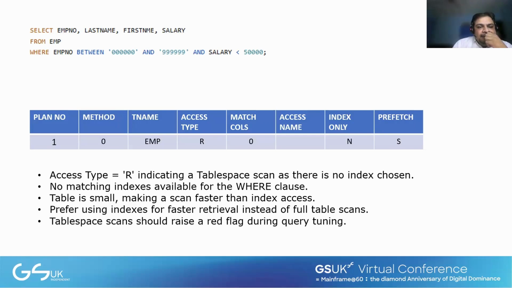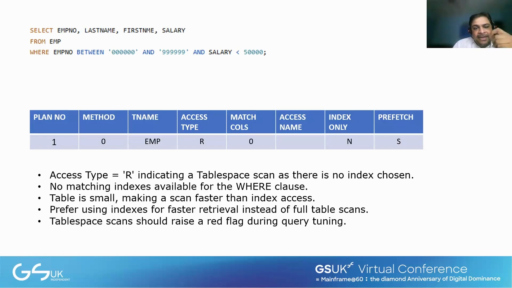There is no index. So if you see here, the access type is R. Whenever you see access type R, it means there is a table space scan happening and no index was chosen. Match cols is zero because there are no indexes and no columns are matching, so it's zero.